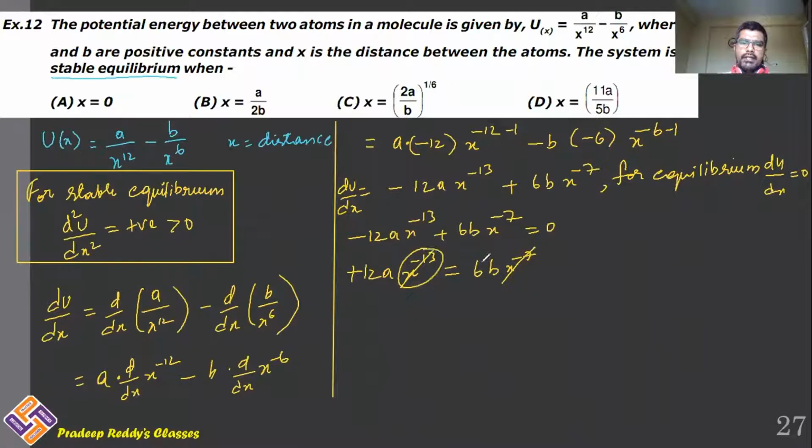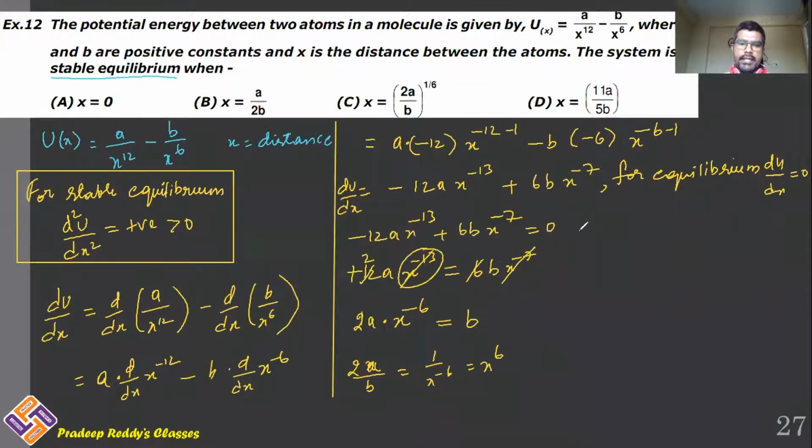The leftover term will be 6 to 12. So it is 2a into x power minus 6 is equal to b. This gives you 2a divided by b is equal to 1 by x power minus 6, which is equal to x power 6.